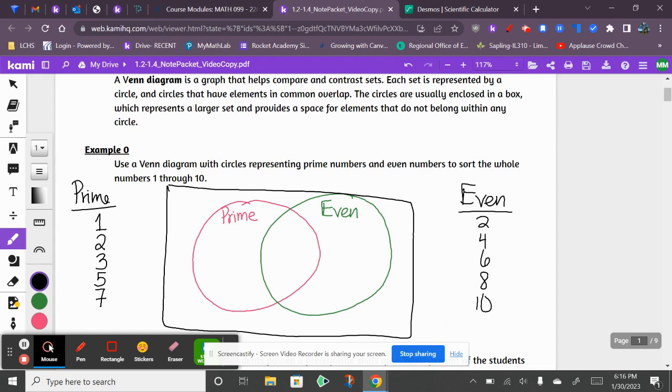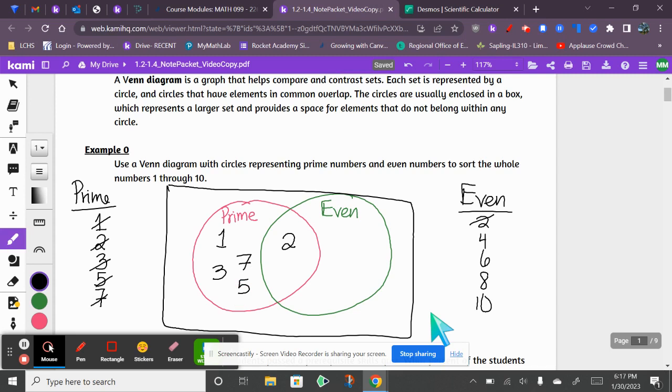So when I look at where each of these numbers will belong, I want to look at any numbers that end up in both. The number 2 is in both prime and even, so 2 will go in the middle there. 1 is just in prime. 3 is in prime. 5 is in prime, and 7 is in prime.